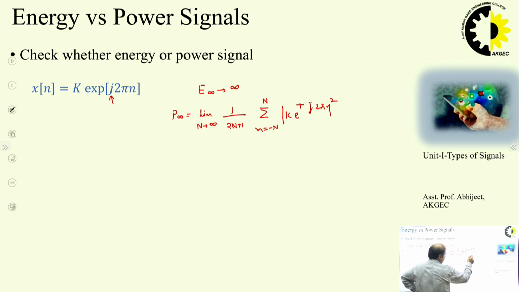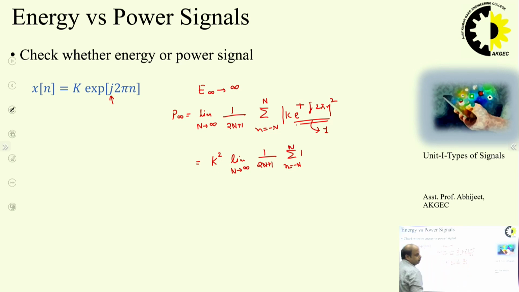If I do this, you can understand the mod of a complex exponential is 1. We have already discussed this in the previous slide. So we end up getting K square, since K is not a function of n. So I can write K square outside just to make it more clear, and then I will write limit N tends to infinity, the divisor factor of 2N plus 1.